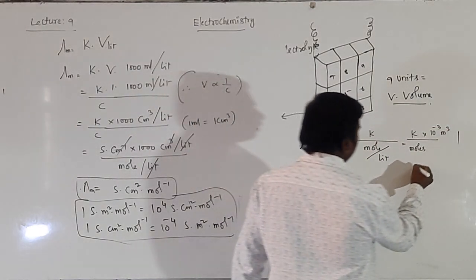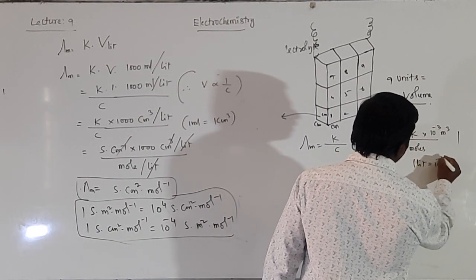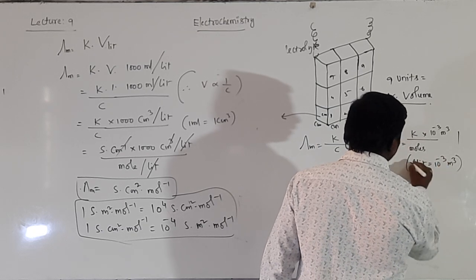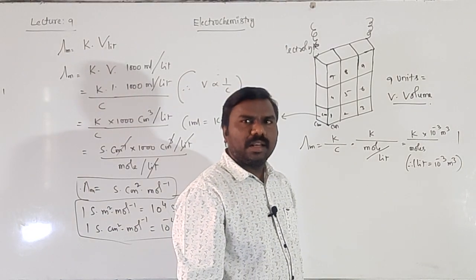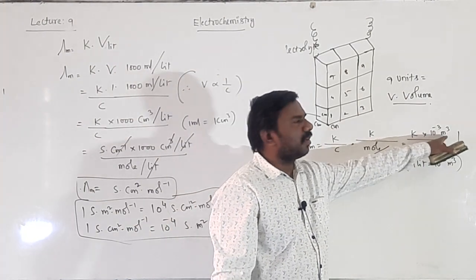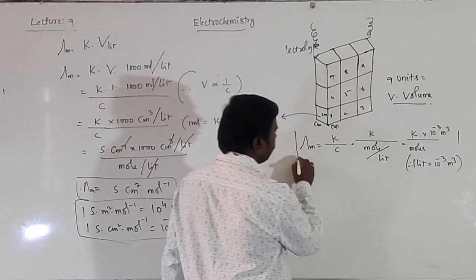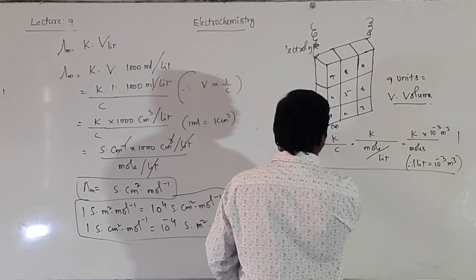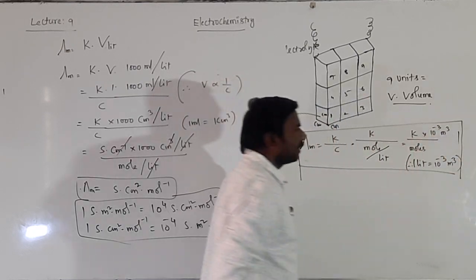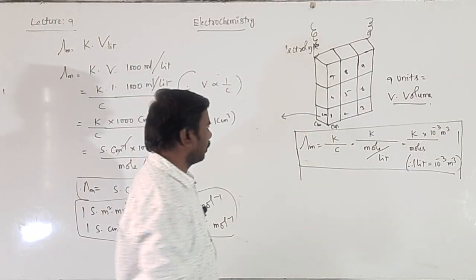It means 1 liter equal to 10 to the power of minus 3 meter cube. This liter shifted to numerator, then liter means 10 to the power of minus 3 meter cube. While solving, you need to consider this, students. Okay? It is for SI system, meters.